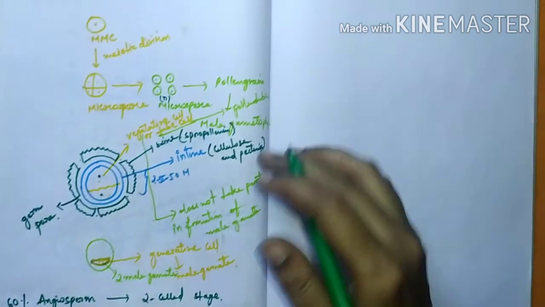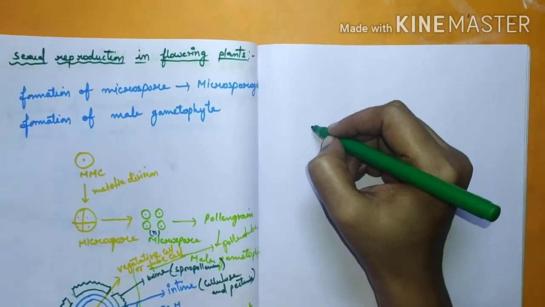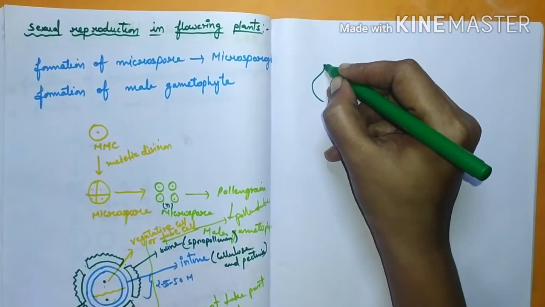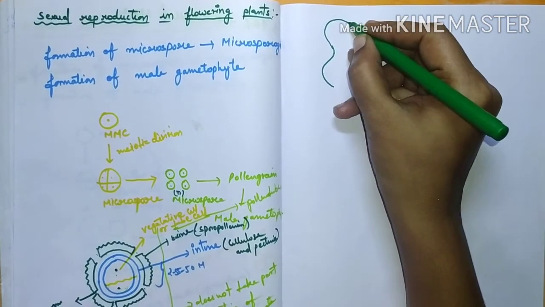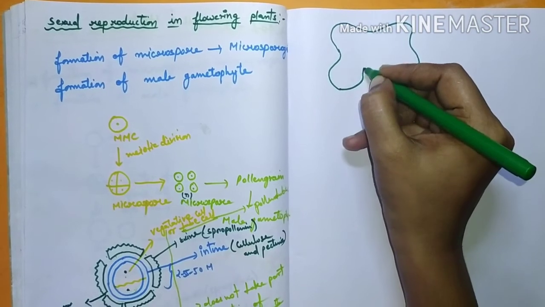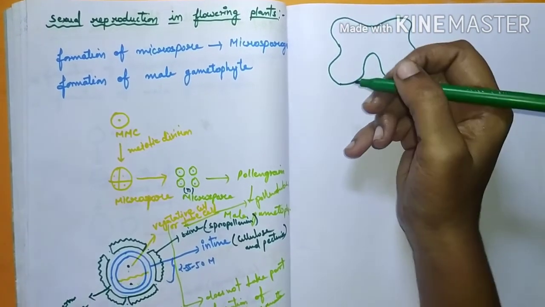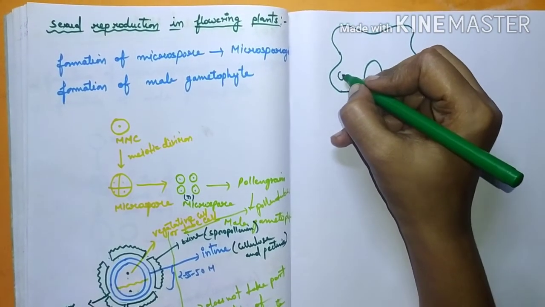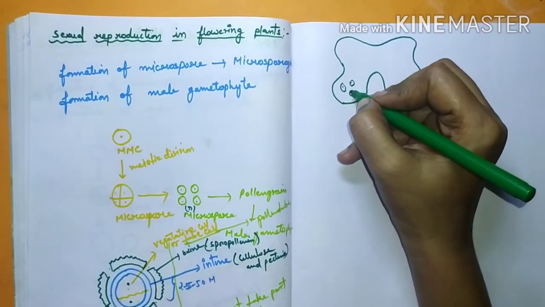After this, we learn the structure of anther. All these pollen grains are developed here.